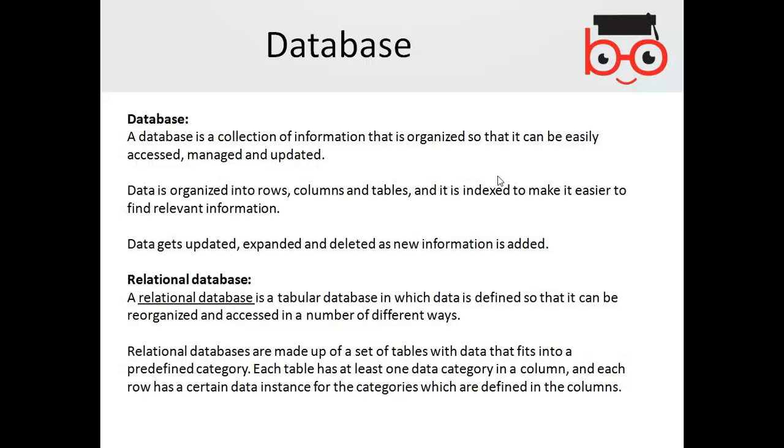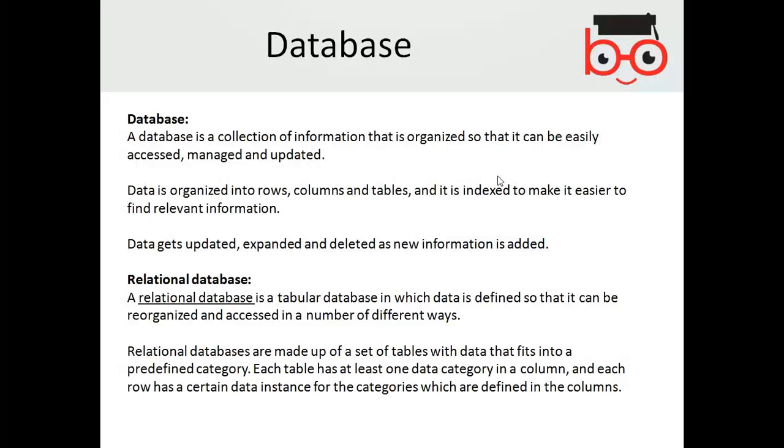Each table has at least one data category in a column. So if there is a table, then a minimum of one category is a must. If there is no category, then it will not be called a relational database. And each row has a certain data instance for the categories which are defined in the column.